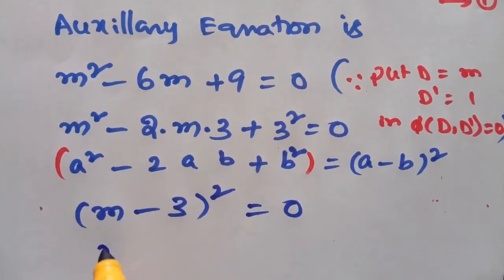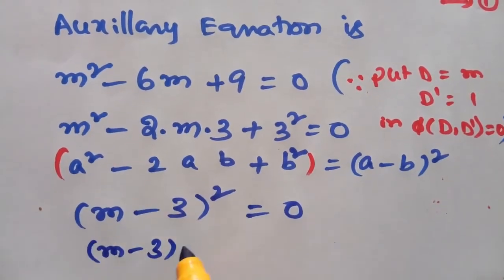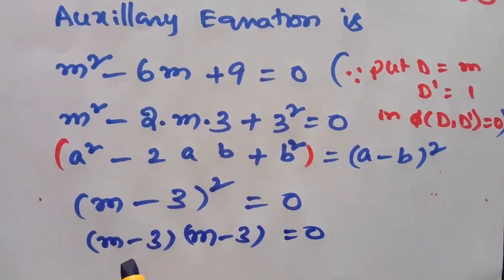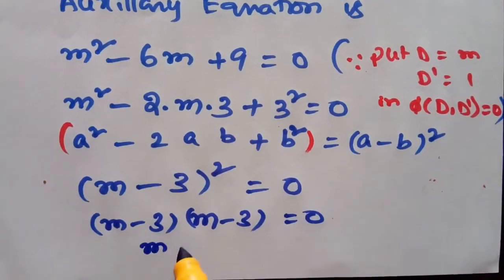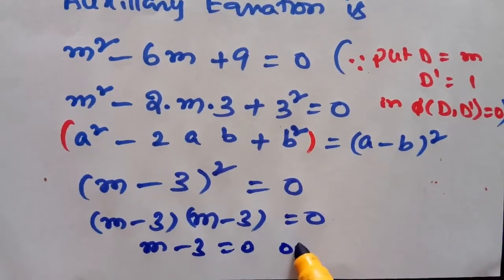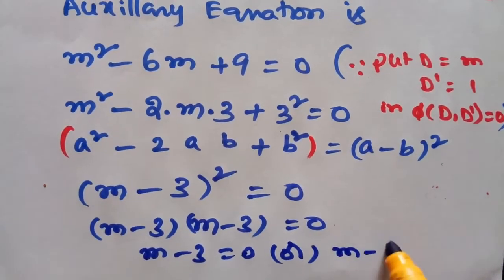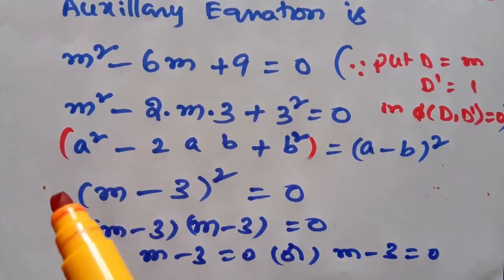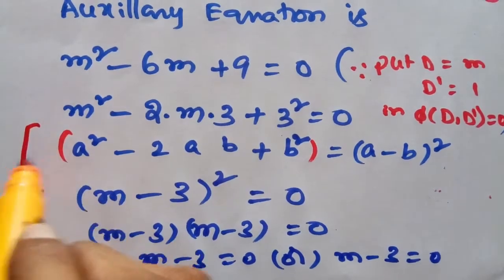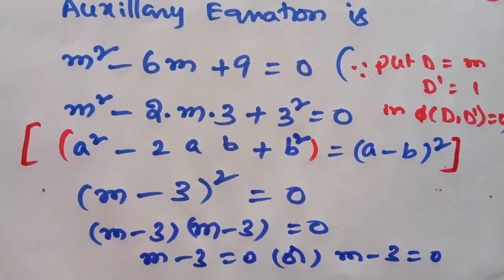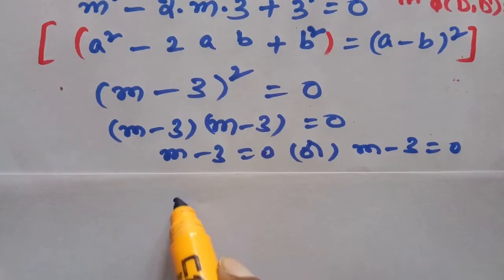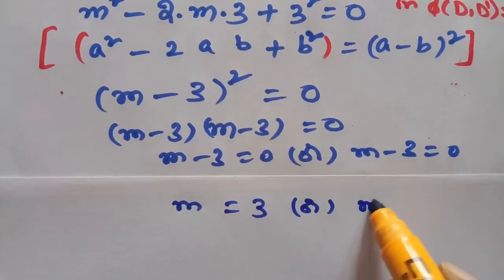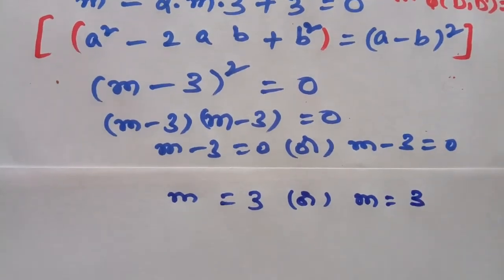That means m minus 3 into m minus 3 is equal to 0. Therefore, m minus 3 equal to 0 or m minus 3 equal to 0. m equal to 3 or m equal to 3.